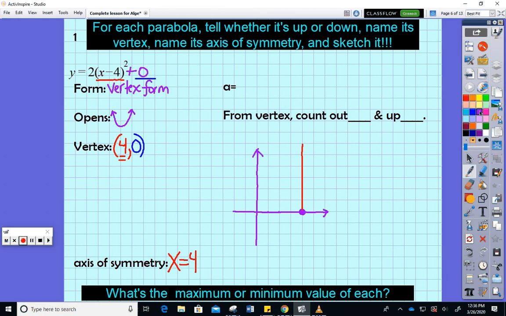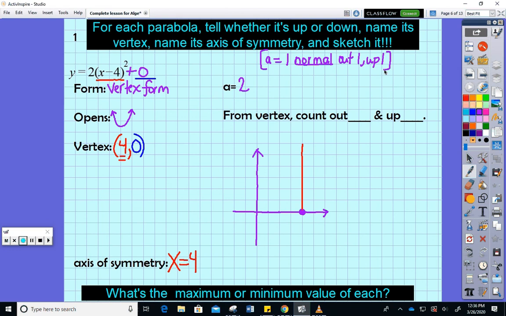So on this one, now I'm going to start my counting. So my A value is 2. So remember, normal means count out 1, up 1. That's your normal count. That's if A equals 1. We always have to know what's normal so that we can do the adjustments in A more easily.